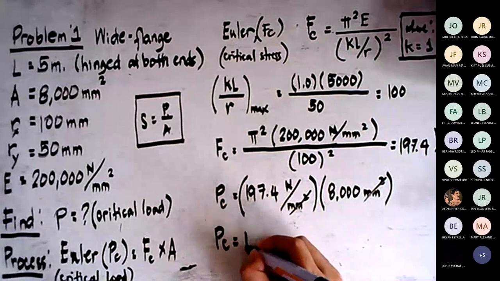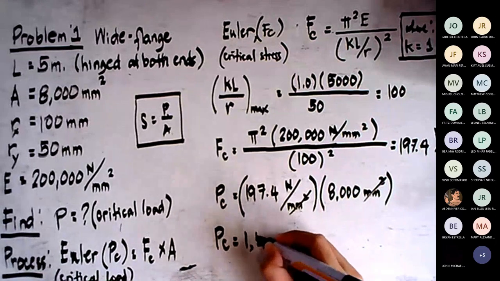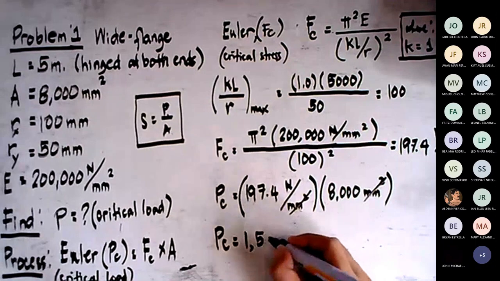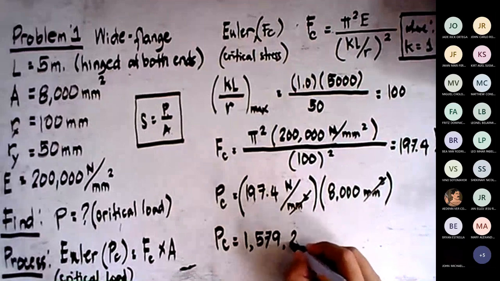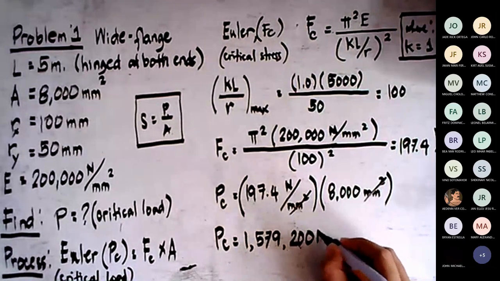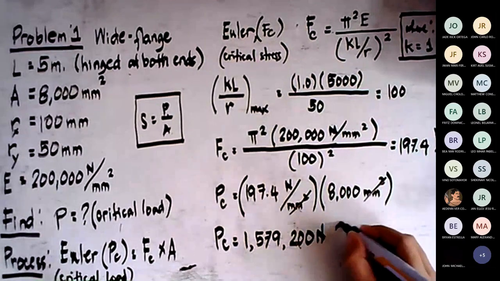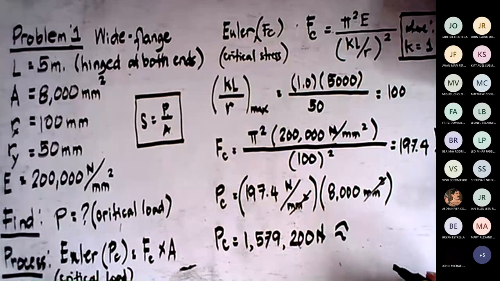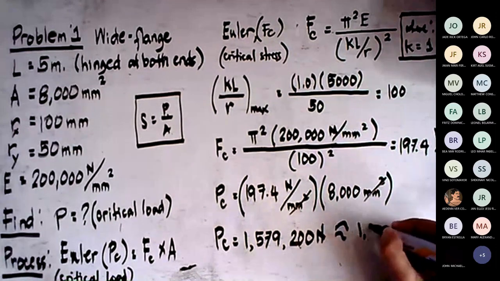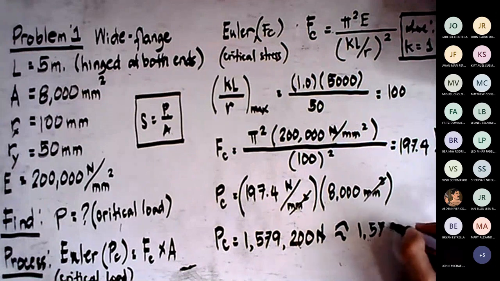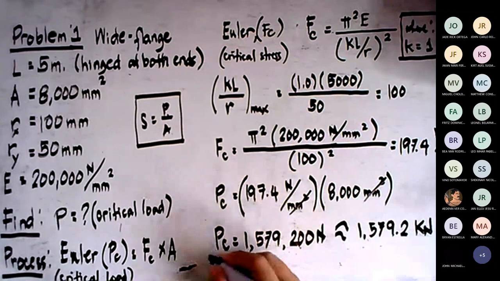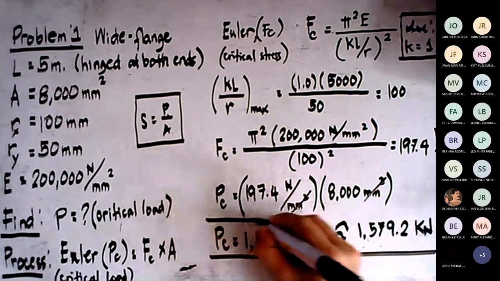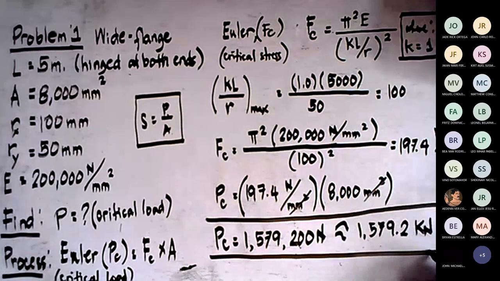Let me calculate. Will you please let me know if we have a difference in my calculation? Okay. 1,579,200 N, or 1,579.2 kilonewton.